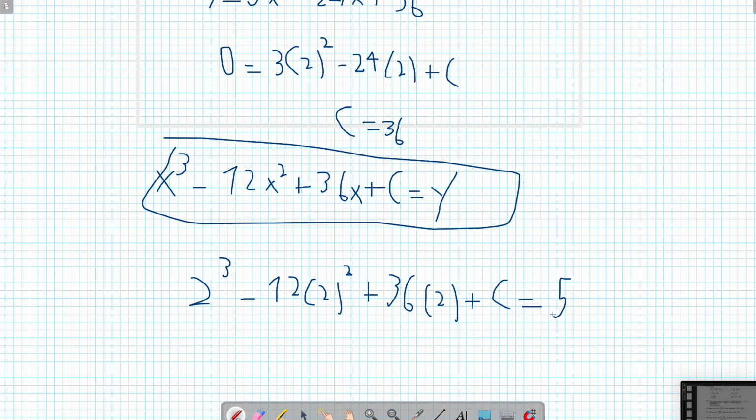Then let me plug this into the calculator. And you're gonna get c is equal to negative 27. So here, instead of plus c, it's gonna be minus 27.